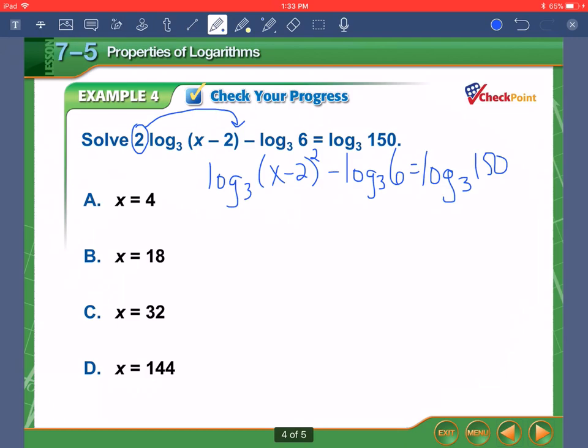So now I have log base 3 on the left side, and they're being subtracted. So I can make this a division problem. So this is log base 3 of x minus 2 squared over 6 equals log base 3 of 150.